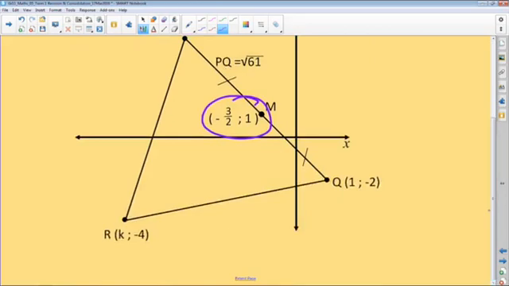Remember, this is the line that we're working with, your line RM, and you are told that it is a perpendicular bisector of PQ. Now find the equation of that line. You've got 3 minutes. Let's quickly work in groups, and then we can do this together after.